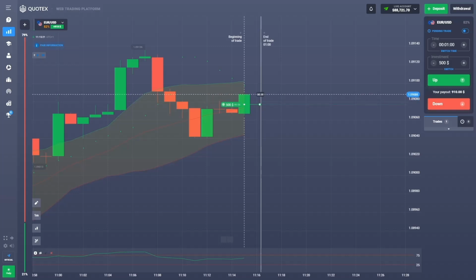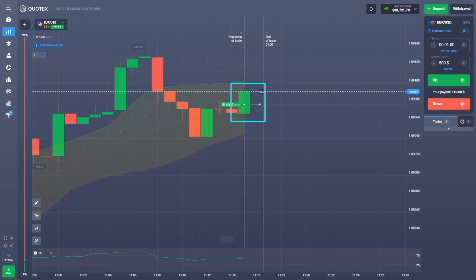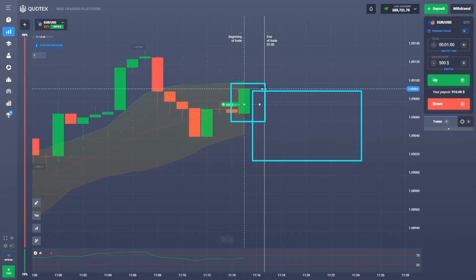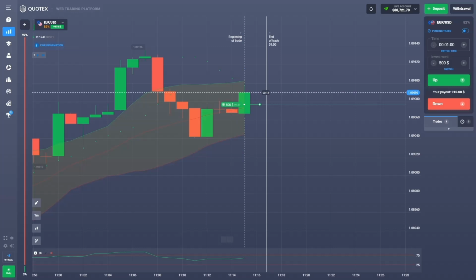But here in this case, great, right? So I guess this one is going to be the last trade. I don't know about the colors of the next candles, so I will stick with this one. How much we made, I don't know how much we had at the beginning of this trade.